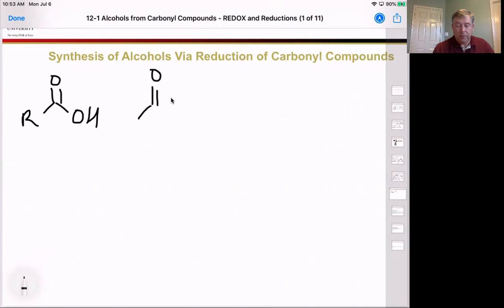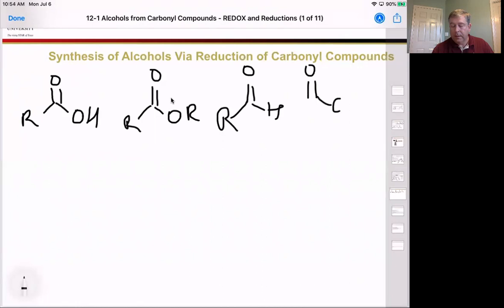For example, the carboxylic acid, the carboxylic ester, the aldehyde, or an acid halide here. And that will convert them down to primary alcohols, because it's going to reduce the carbonyl down to the OH and reduce off the other electronegative groups. So these will all give us primary alcohols.